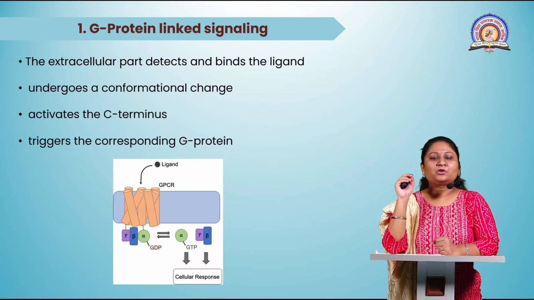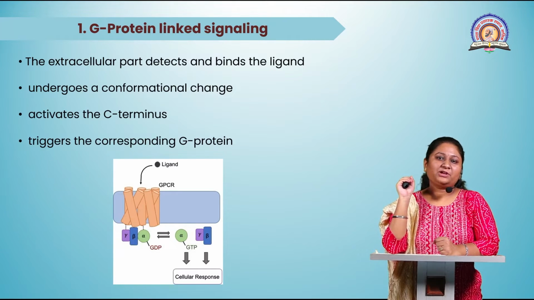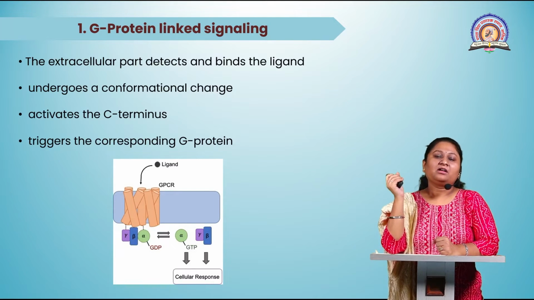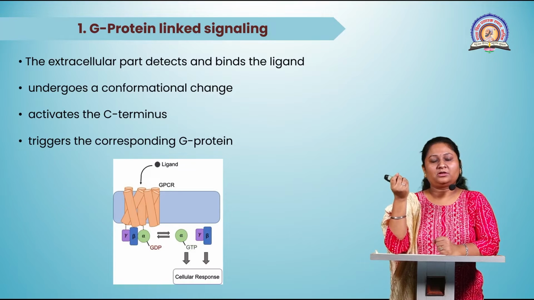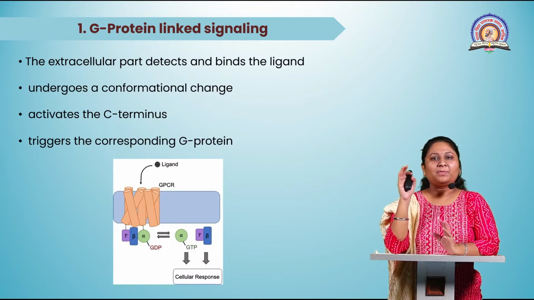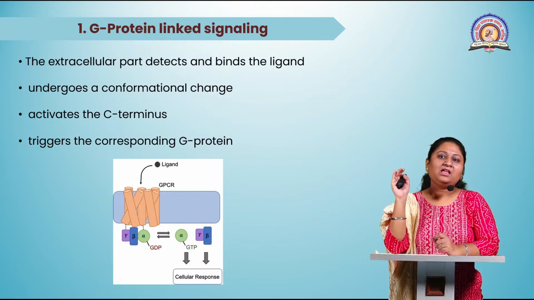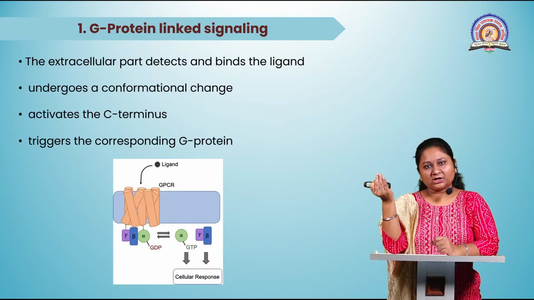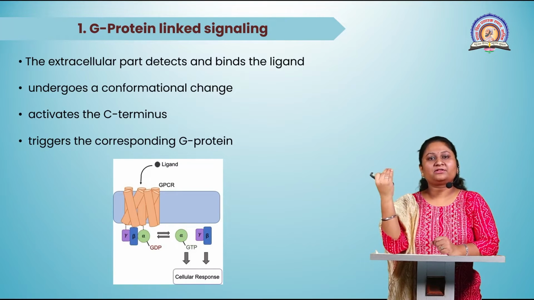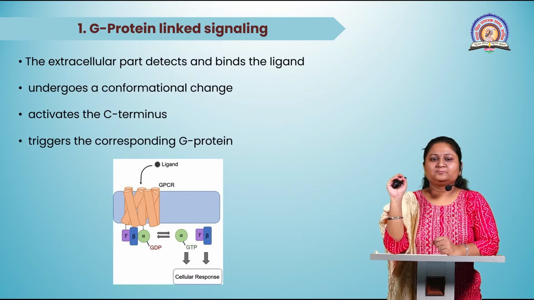As you can see in the image, this G protein is made up of 3 subunits: alpha, beta, and gamma. After the conversion of GDP to GTP, the alpha subunit and the beta and gamma subunits get separated, and they can further bind to another intracellular molecule or intracellular receptor and activate them to bring about cell response. So this is how G protein linked cell response works.